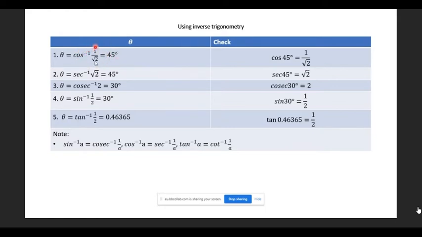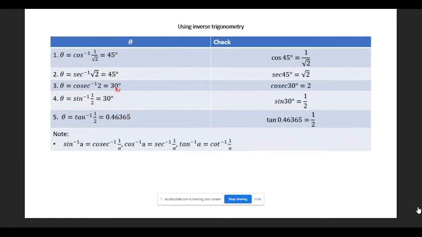The inverse cos of half is 45 degrees. The inverse cos of 1 over root 2 is 45 degrees, and the inverse secant of root 2 is 45 degrees. The inverse cosecant of 2 is 30 degrees. The inverse sine of half is 30 degrees.